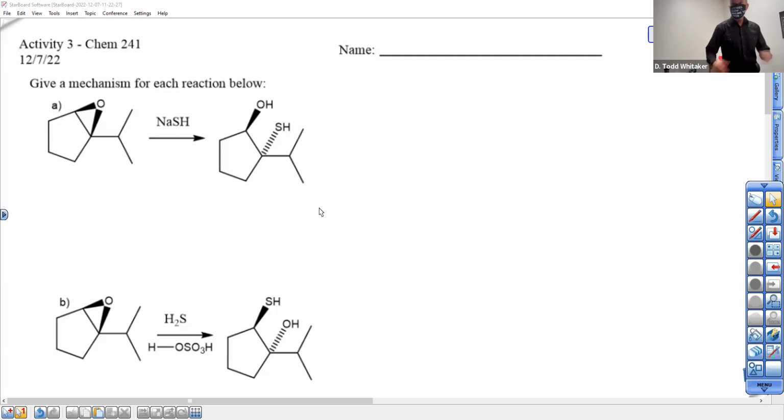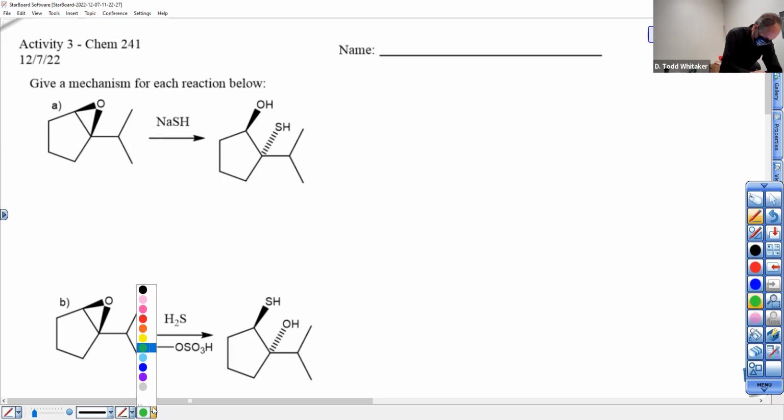All right, we're finishing up with mechanisms of epoxide opening. There's two major scenarios for epoxide opening.